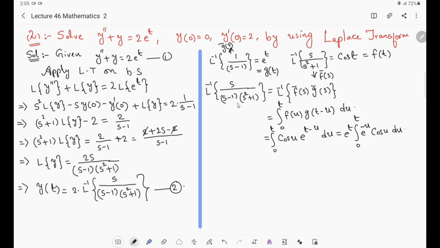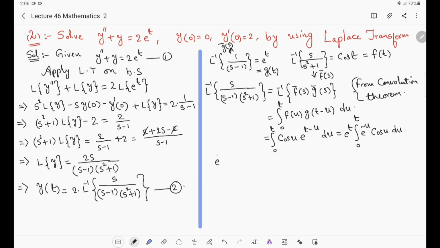Laplace inverse of s by (s minus 1) into (s square plus 1) finally became, from the convolution theorem, I am able to write this Laplace inverse as this integration. Now we have to evaluate this integral 0 to t e power minus u cos u.